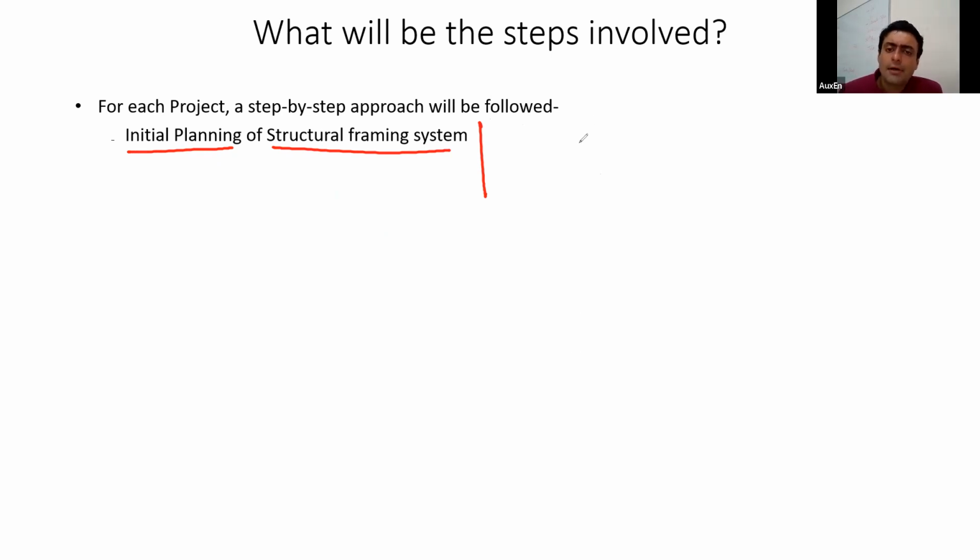Even an 8th standard or a 9th standard person can do it, isn't it? It's just operating computer software. Making models on ETABS, STAAD Pro is not a big deal. Anyone can make it. But what is more important is to do some initial planning, to finalize or understand what structural framing system we will have to adopt. So this is a very important first step.